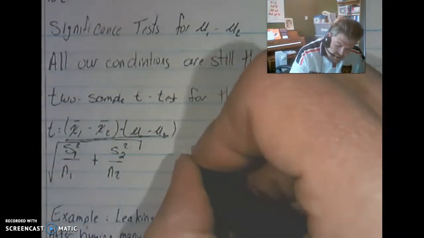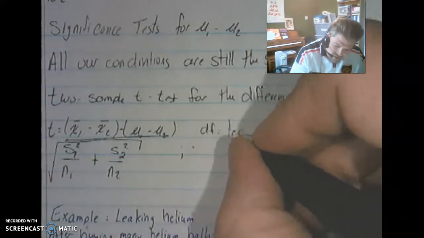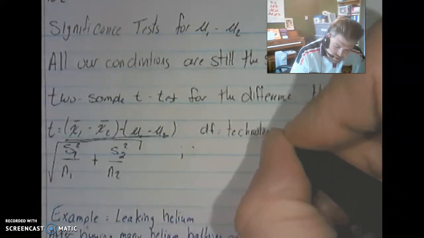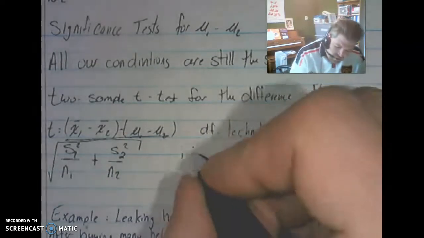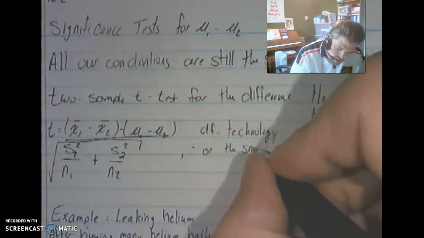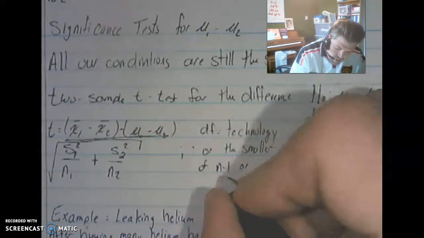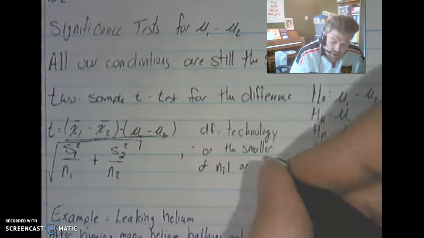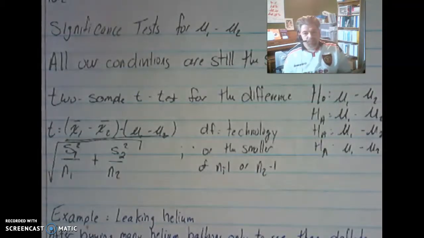Our degrees of freedom is going to be either, using technology, that really long formula that we've talked about in the previous ones, or the smaller of n1 minus 1 or n2 minus 1.